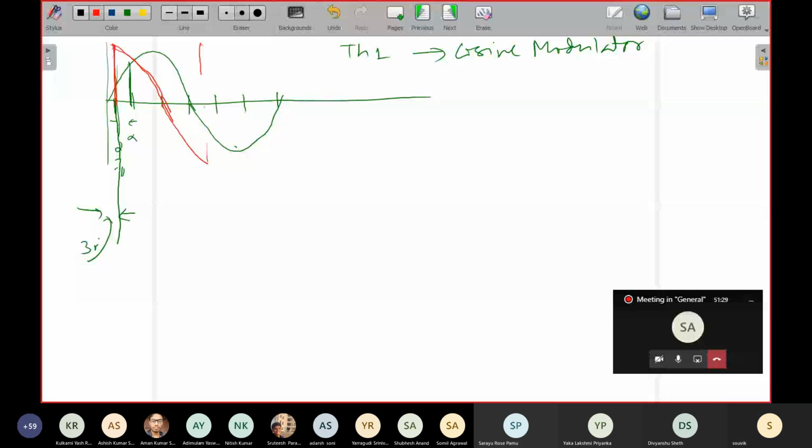You understand, I hope. I am repeating the same idea that we needed. This is for the cosine modulator.